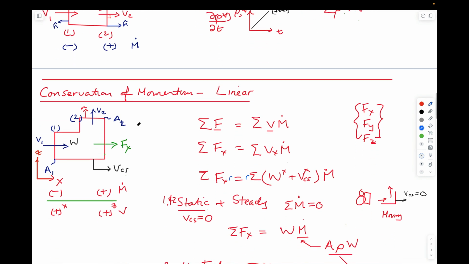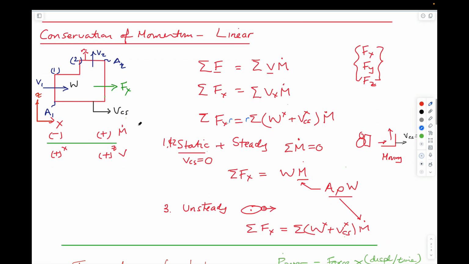If we use conservation of linear momentum, which really is just what we've seen before, F equals ma, then we can write out this expression here. This is just mass times acceleration on the right-hand side. This is sum of forces. Again, we write it on a control volume, which has a control surface that goes around it and a control volume contained inside it.